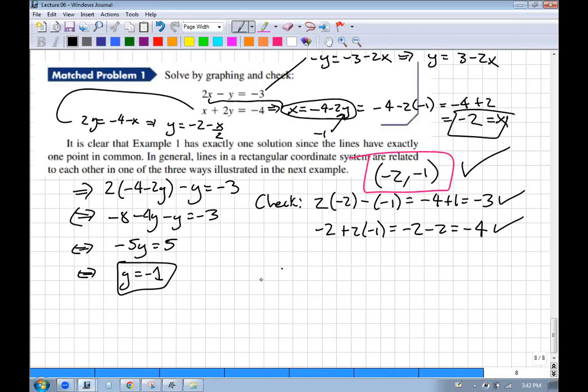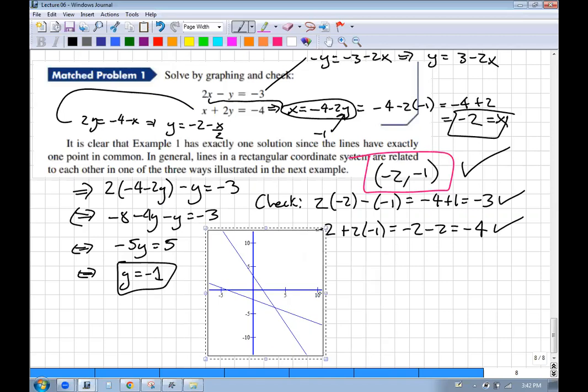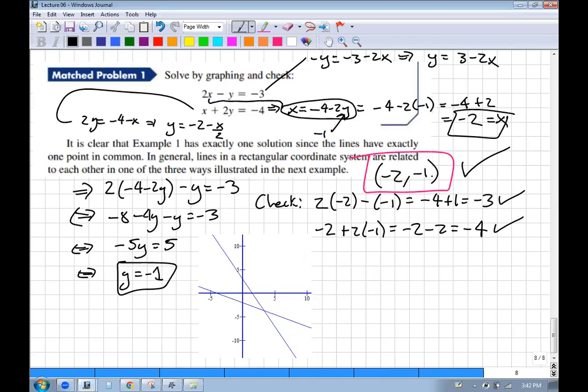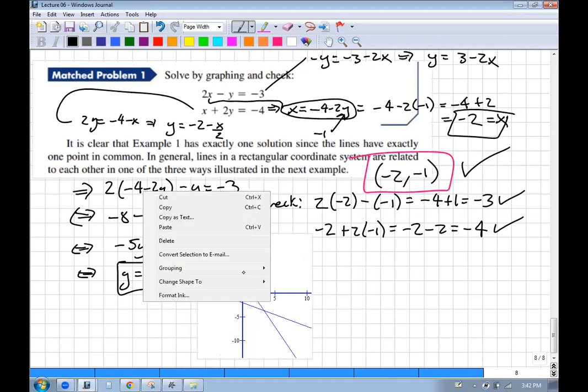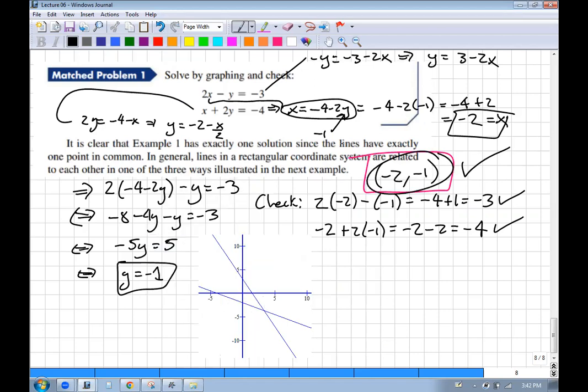Now let's see where the graphs cross. So here is my graph. All right. Do they cross at -2, -1? That doesn't look right at all. Right? Something's wrong with my graph here. This is where they should be crossing. They should be crossing over here.